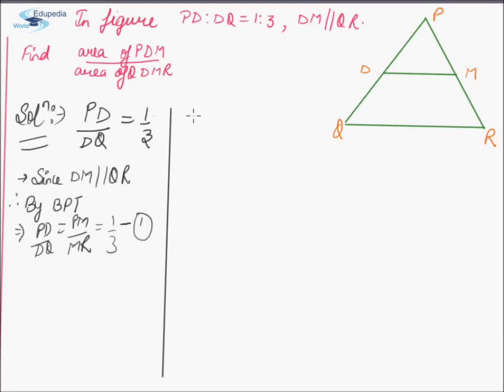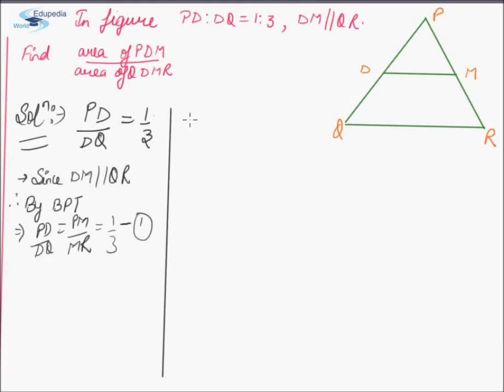So see, we are given the ratio PD and DQ, and we have proved that PD over DQ is equal to PM over MR. But if we look at the two triangles, that is triangle PDM and triangle PQR, then the corresponding sides involved are PD, which is corresponding to PQ, and PM, which is corresponding to PR.